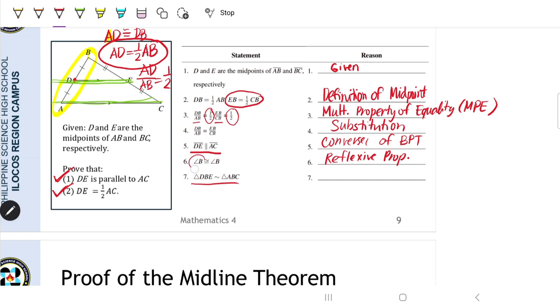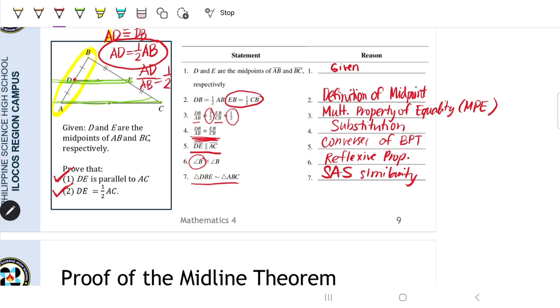So since angle B is included angle for both triangle DBE and triangle ABC, and we have also proven that this proportion of corresponding sides are equal, then by SAS similarity, the two triangles are indeed similar.